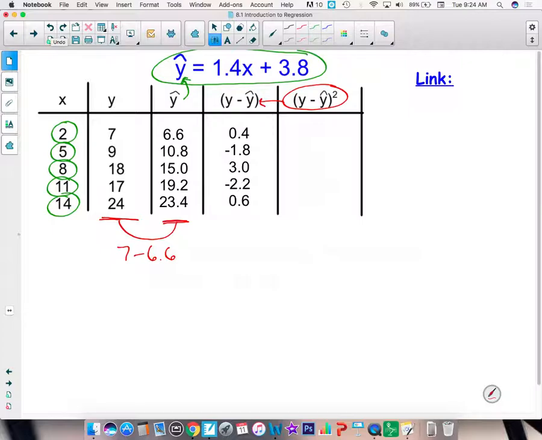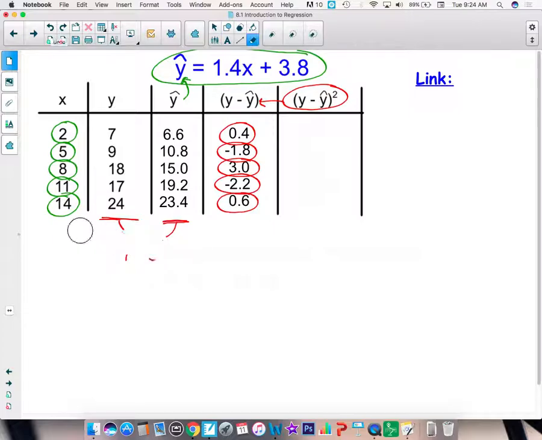So you're going to have to put these in your calculator, and square each one of these values here. So go ahead and do that. Square those and fill out your last column there. Those are the values that you should have: 0.16, 3.24, 9.0, 4.84, 0.36.